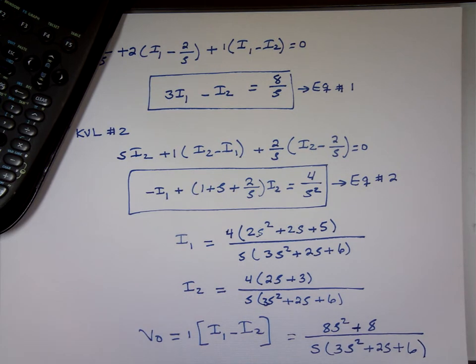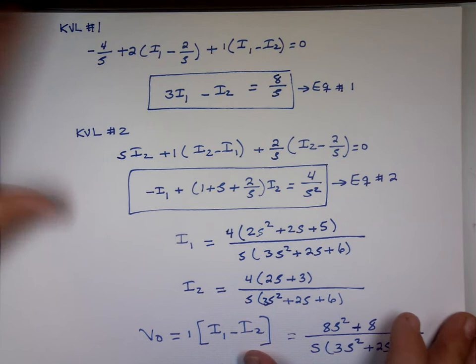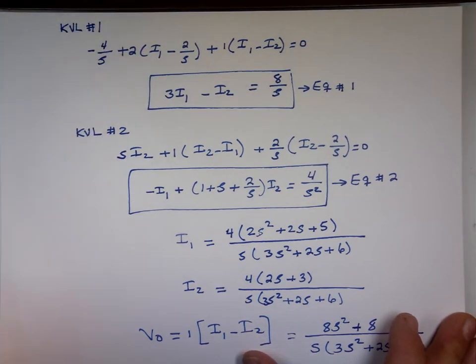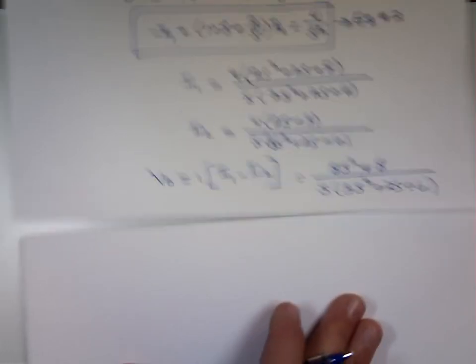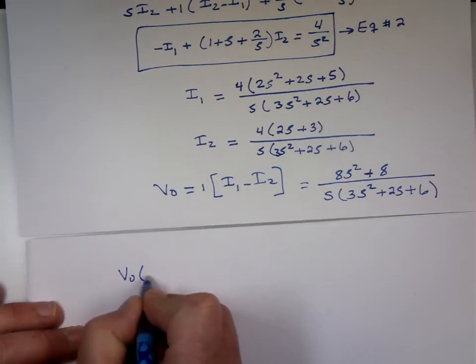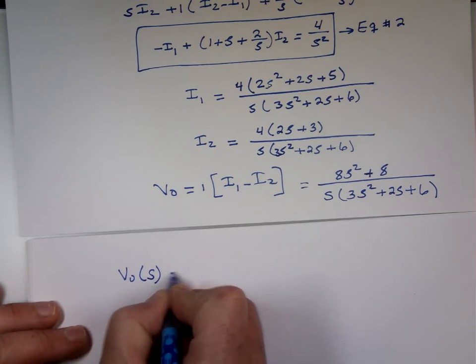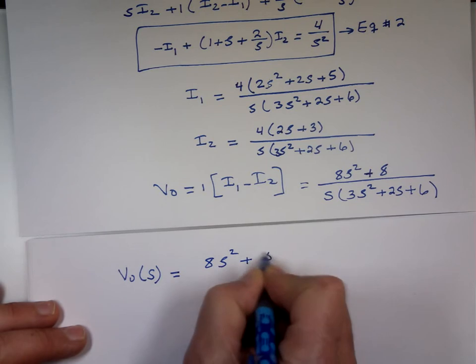Now, if you decided to factor the 3 out of these, the bottom here, I'm not a fan of 3's. Because what we need to do next, I want S squared to be positive, 1. Here's the S. I'm factoring the 3 out of this.